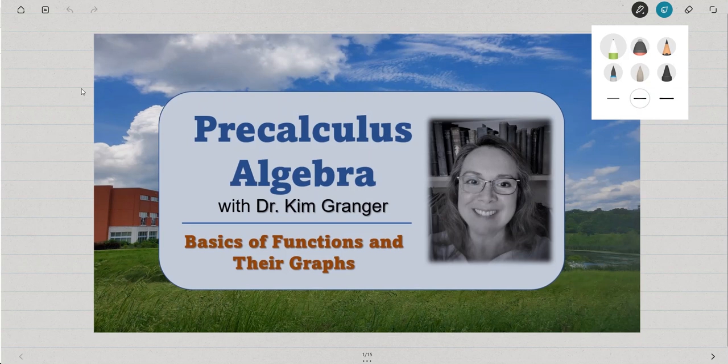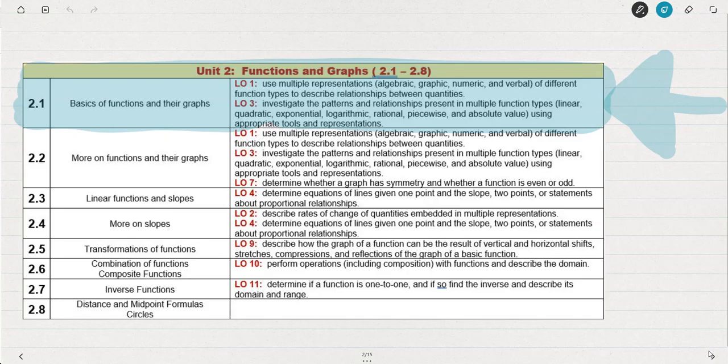In this video, I'm going to look at some of the pre-calculus algebra concepts that we could call the basics of functions and their graphs. We'll start with the list of objectives for this section.